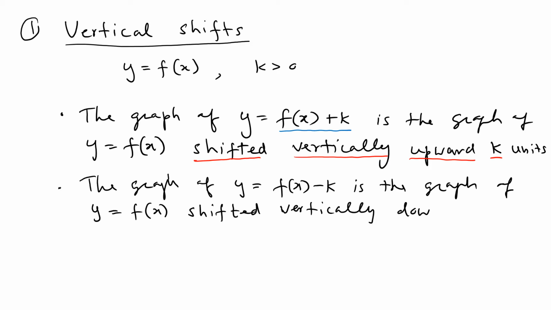I just said down. Okay, shifted vertically down k units. So this is very clear from the previous one. You say f(x) minus k, that means you subtract, you bring the y coordinate down. How much? k units. So you move the graph shifted vertically down k units.